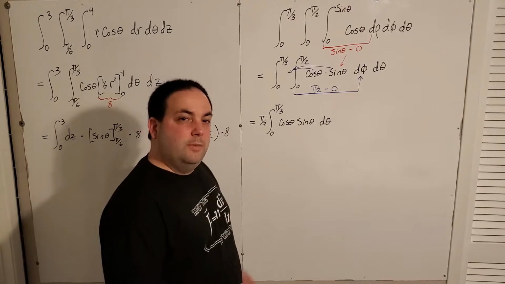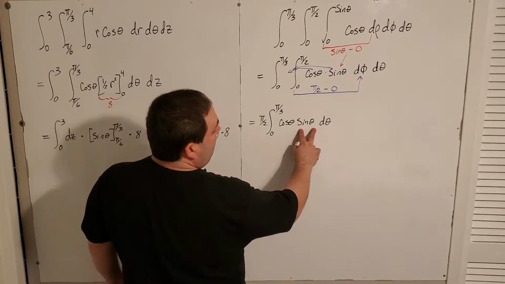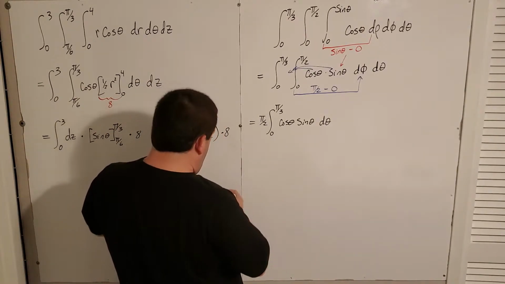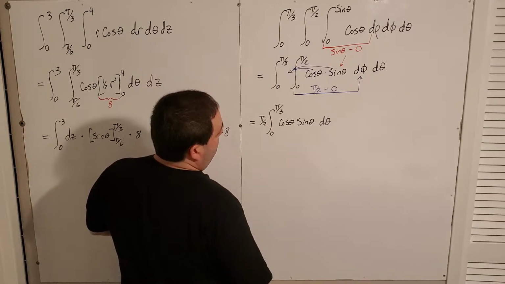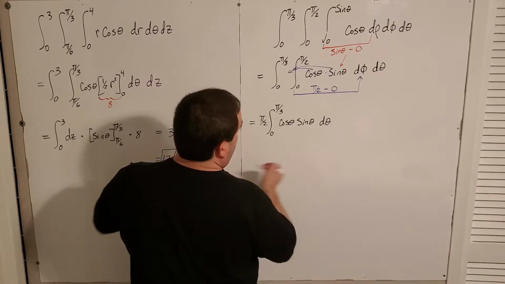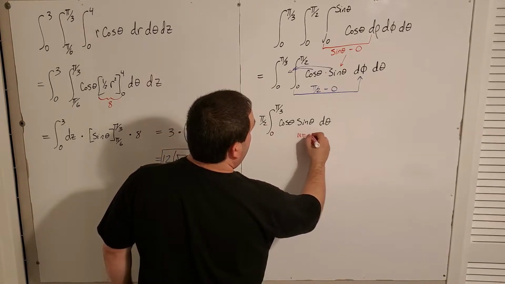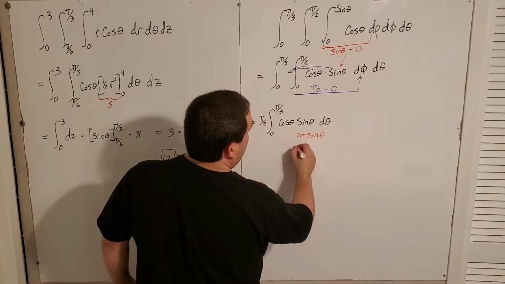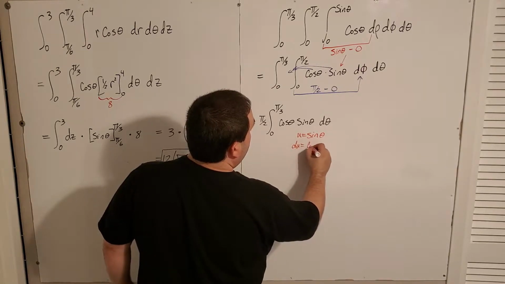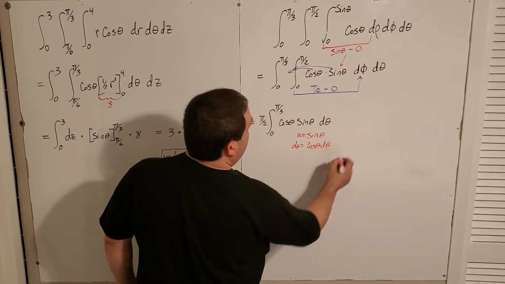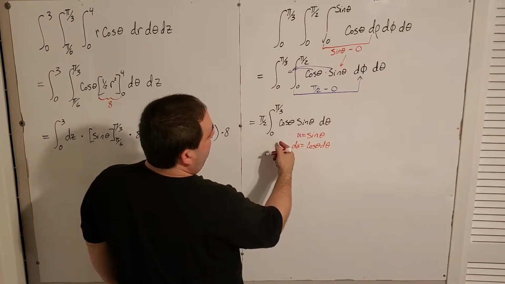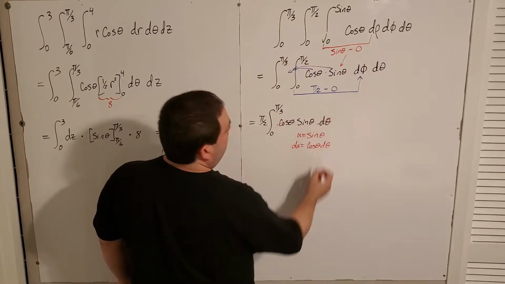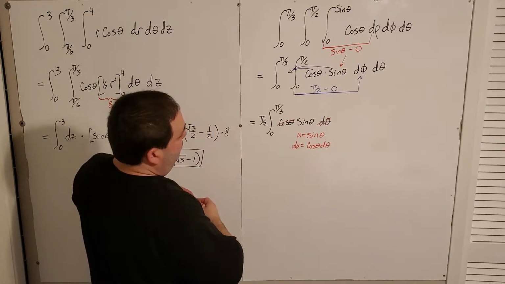Well, there's a normal substitution, right? I'll just go ahead and let u equal sine theta. That means du is going to be cosine theta d theta, which I happen to already have, right? So cosine theta d theta is my substitution.